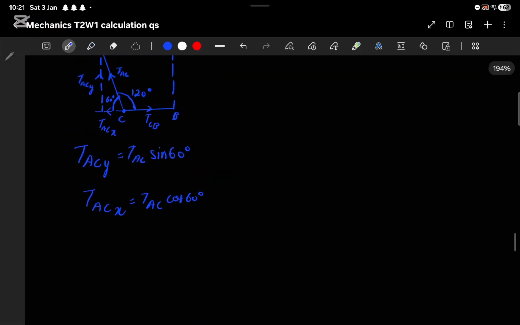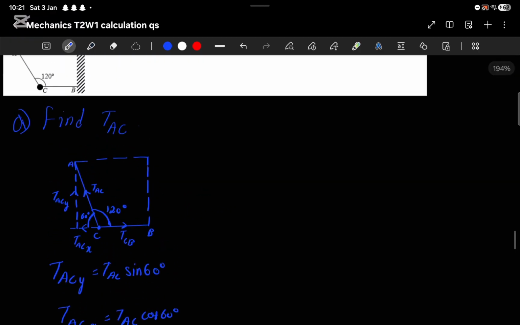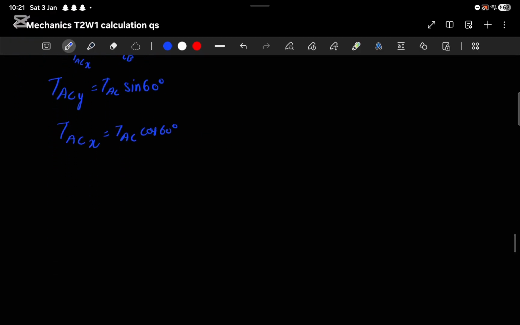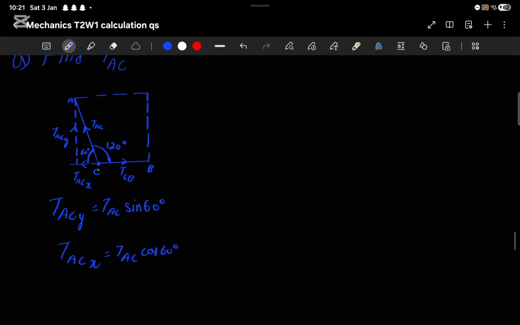Now, to find TAC, we have the gravity, right? I forgot about that completely. We have gravity here, 519 newtons. The only tension that has a y component is TACy, because TCB, the tension between C and B, is directed along x the whole way.